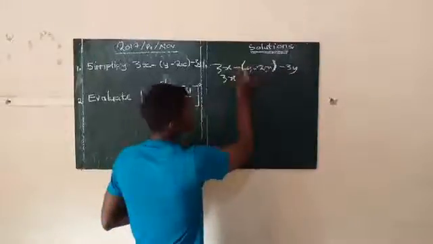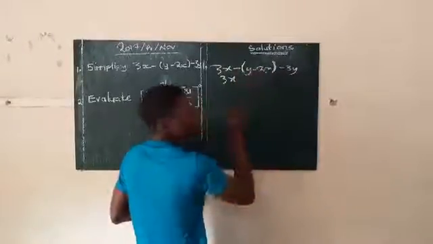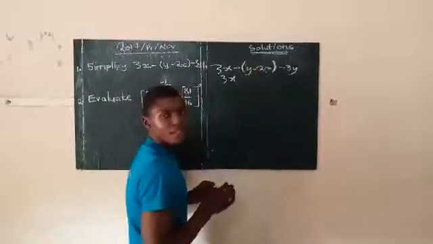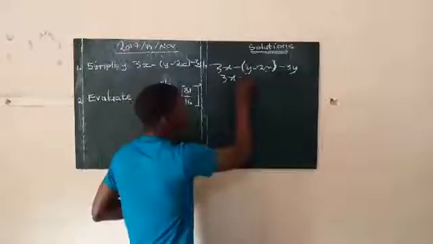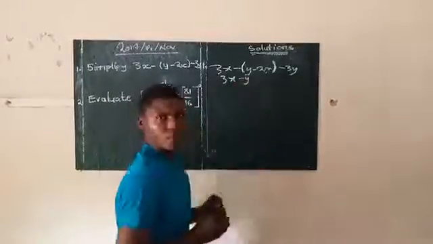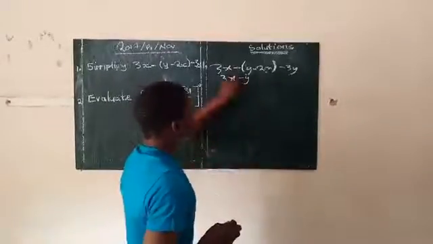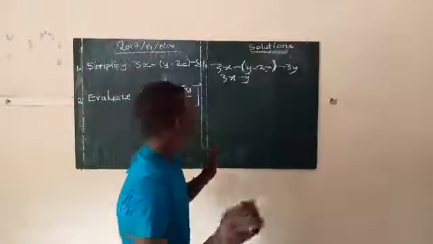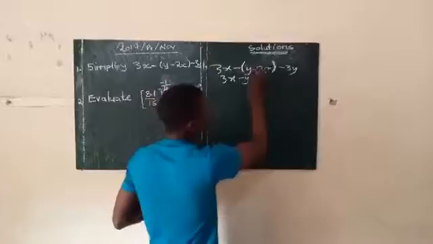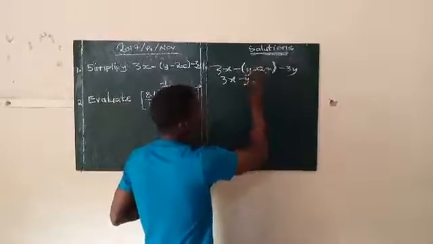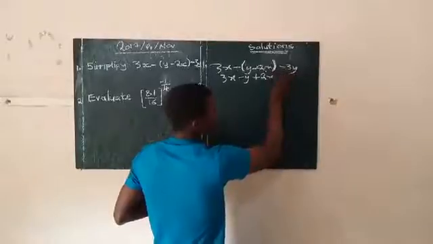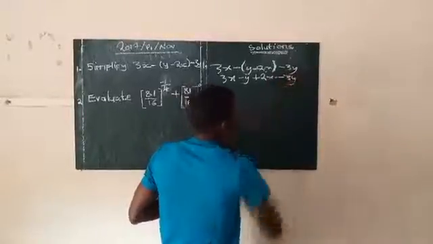Negative times y, there is a coefficient 1 there, and if we multiply it with the negative, we have negative y. Then negative multiplied by negative 2x, negative times negative, we have positive 2x. Then you copy this negative 3y.